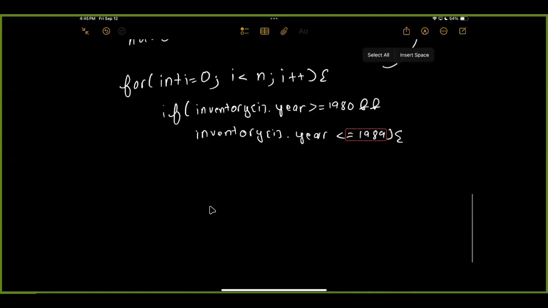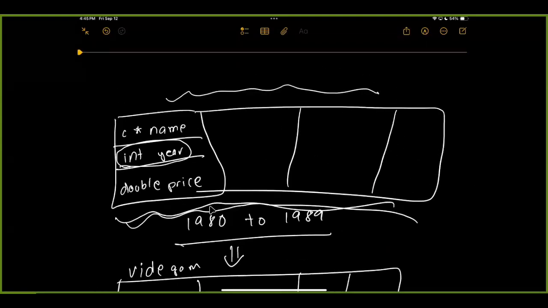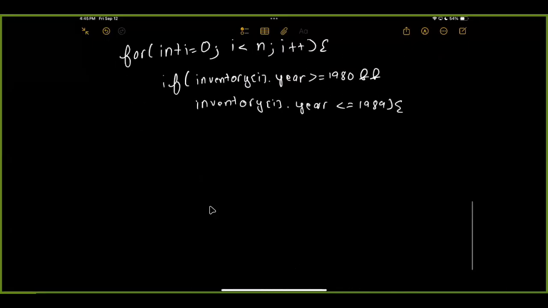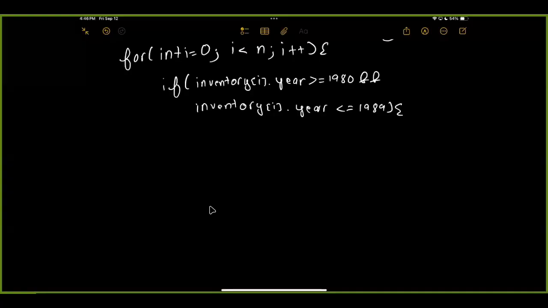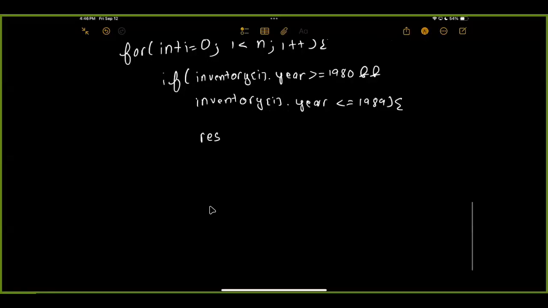So the simple part is I'm just going to fill in the year, the price, then I will fill in the name, right? What's the name of the array? res, the newly created one. So res at the ng position, which is 0, dot year, catches the same value as inventory at the ith position dot year.